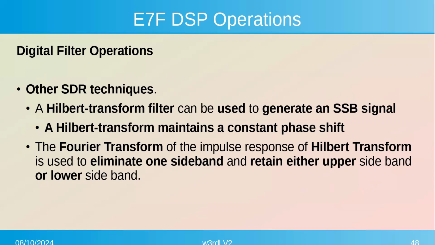They can use a Hilbert transform to generate an I signal with a fixed delay, because it's finite impulse. And they can generate a Q signal with a 90-degree phase shift, but still a fixed delay. So the I and Q signals are still in sync, even though one's shifted by 90 degrees.